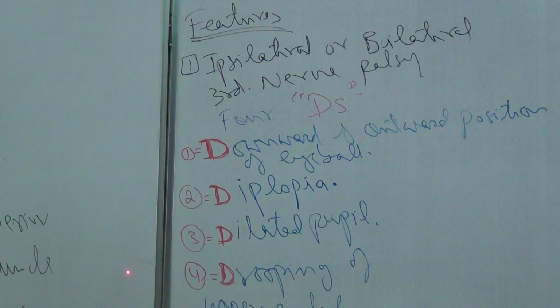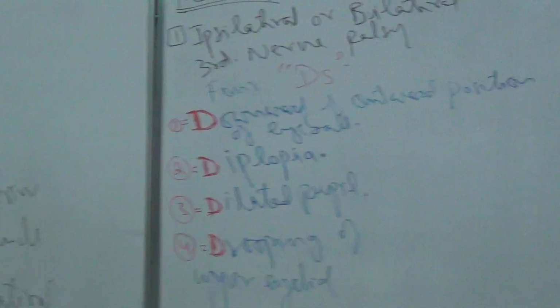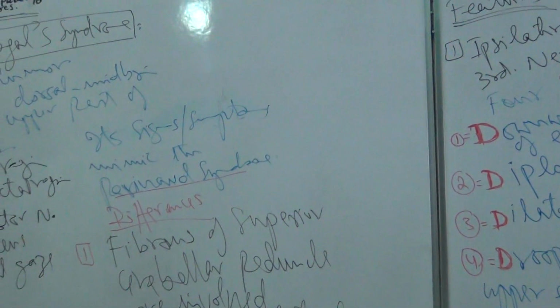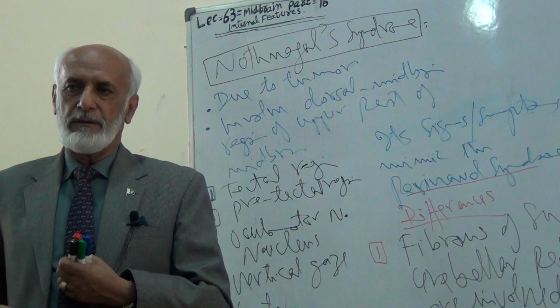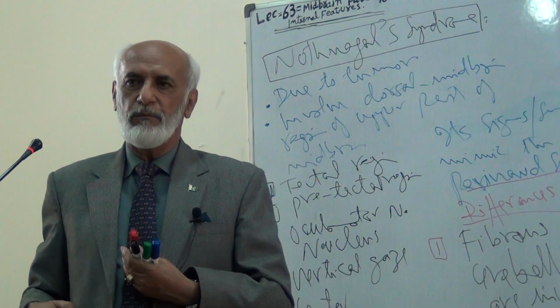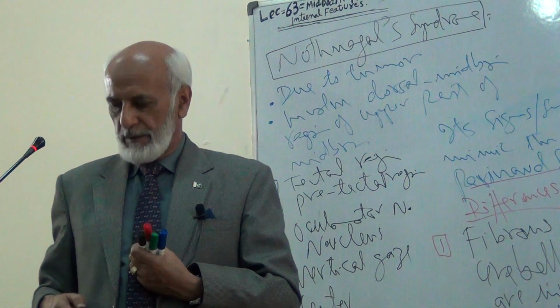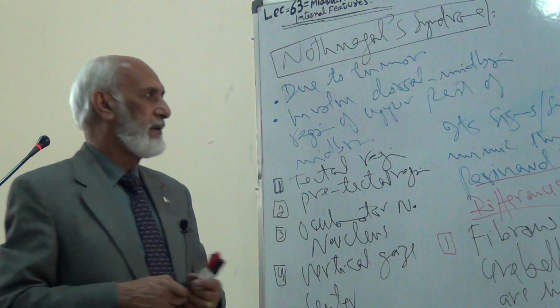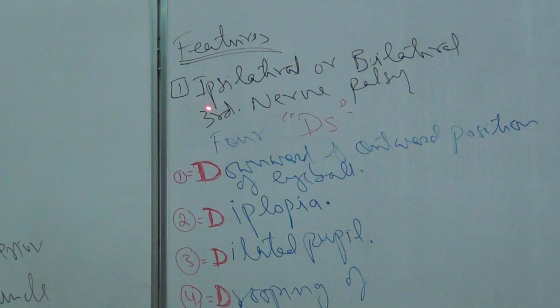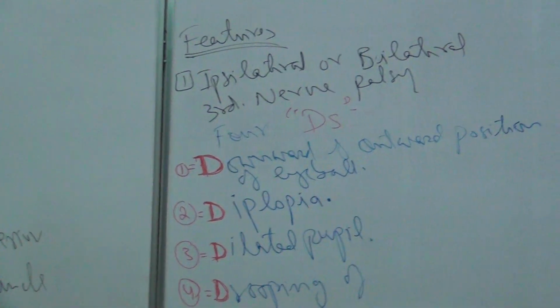Next, drooping of the upper eyelid, because the motor part of the levator palpebrae superioris muscle is paralyzed. So these are the features of ipsilateral or bilateral third nerve palsy occurring in this Nothnagel syndrome.